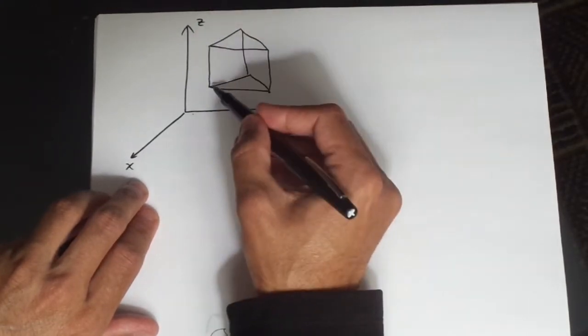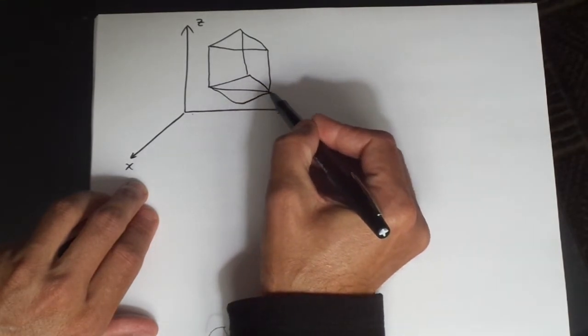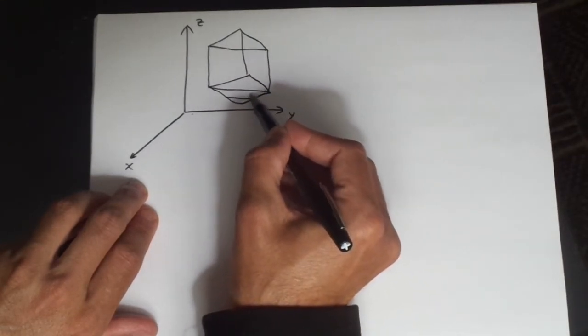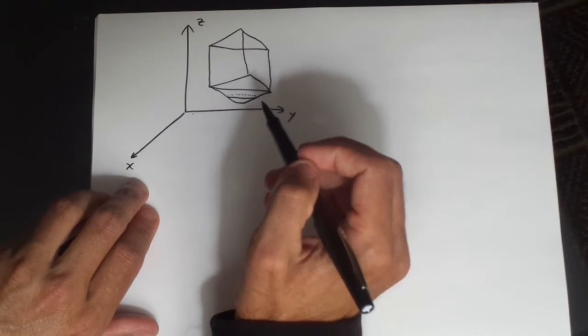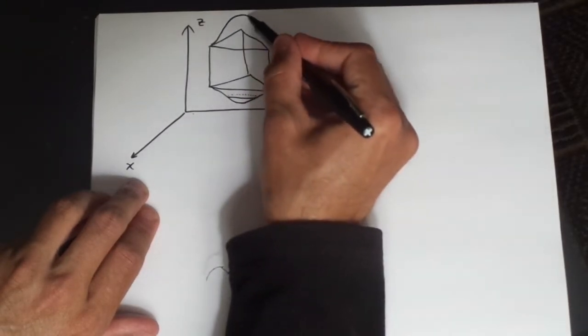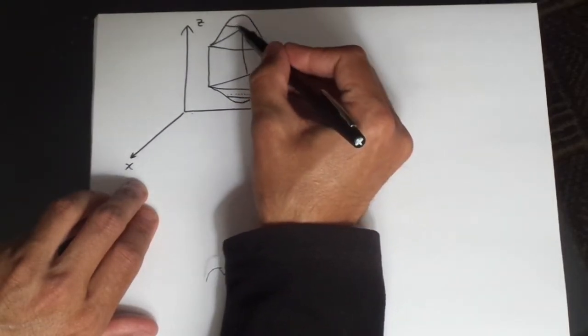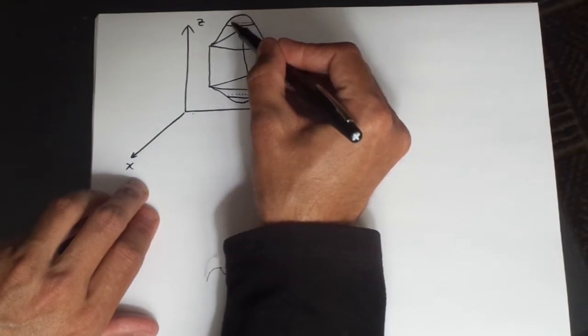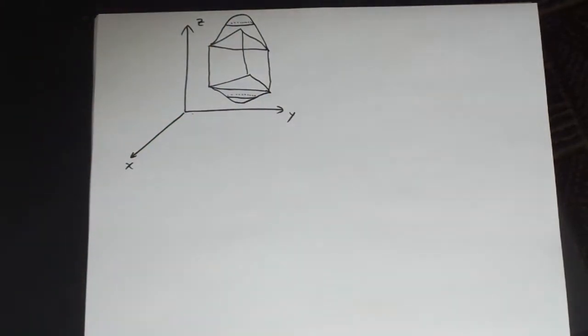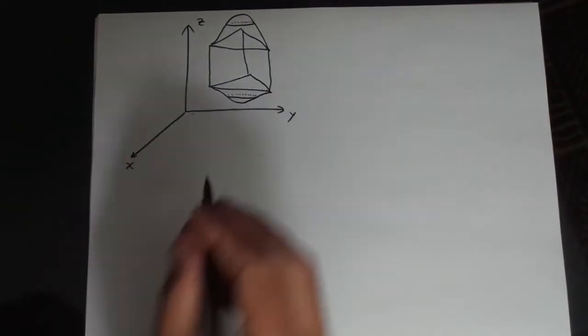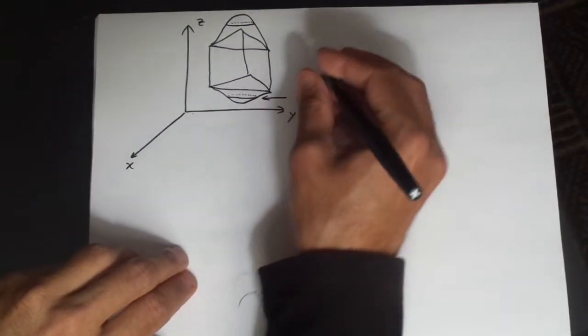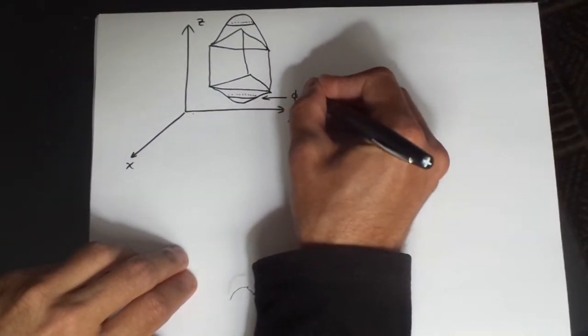But then let's imagine that on the bottom of the solid it's actually curved according to some surface, and also on the top of the solid, let's imagine that the top of the solid also is curved according to some surface. I'm going to call the lower surface here phi1 of x and y.